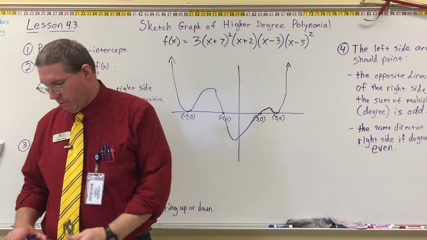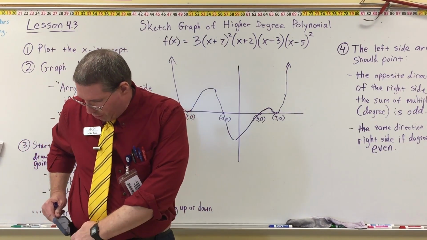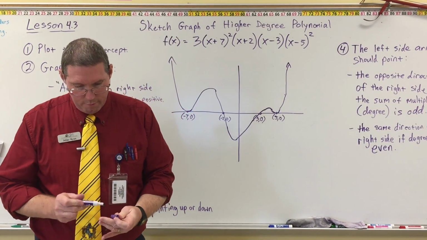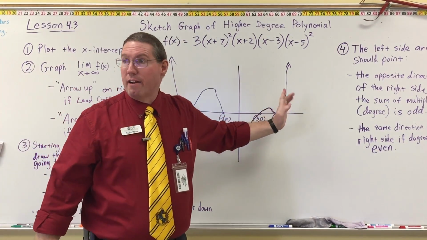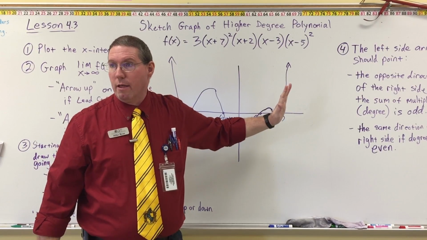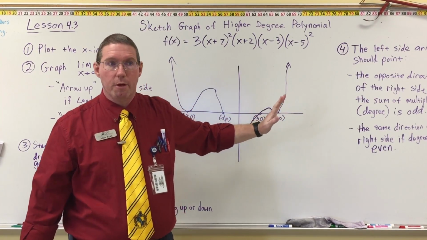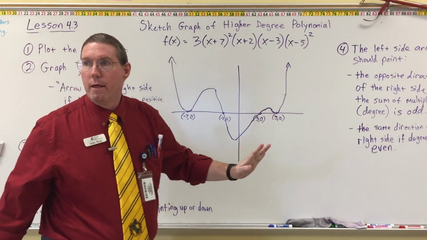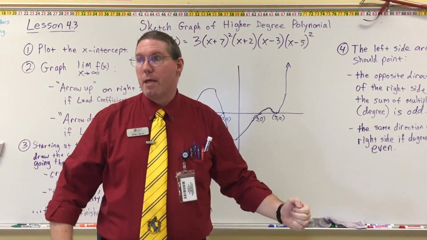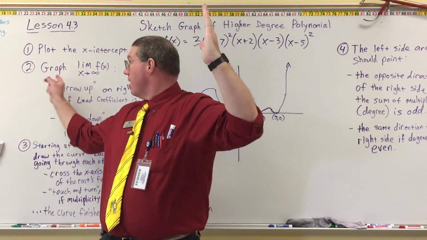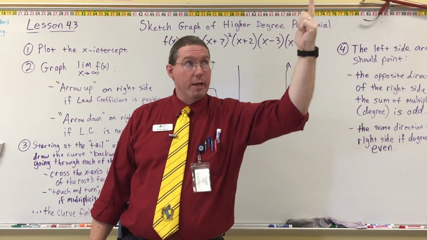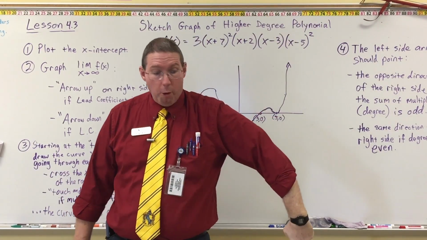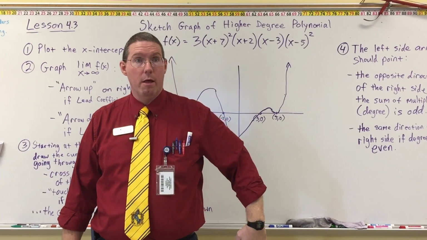Here's what's going on here, folks. Let me show you. For the left side of the graph of the polynomial, there are only two choices. Step two says that the right side is either pointing up or pointing down. Those are the only two possibilities.